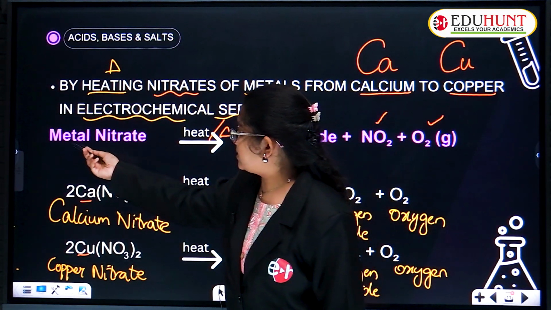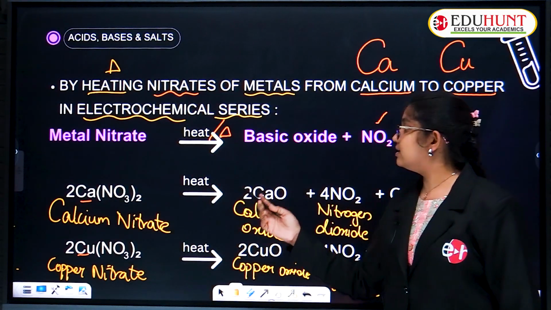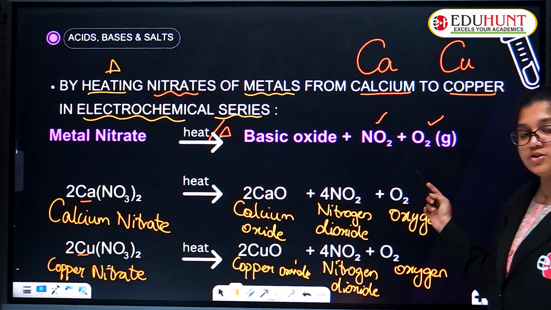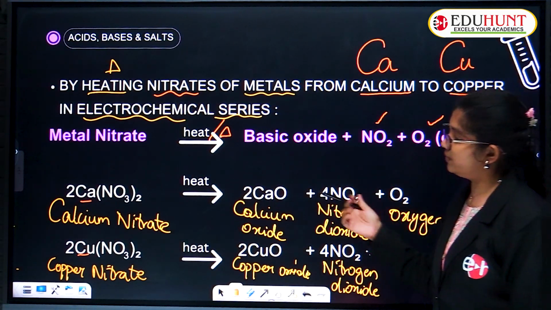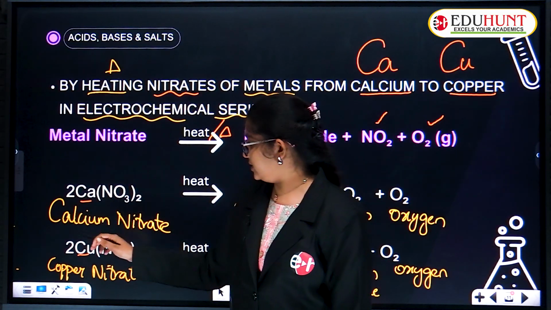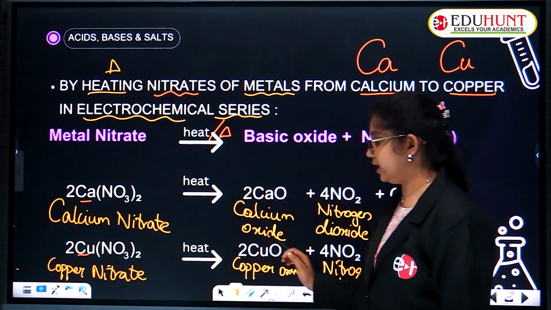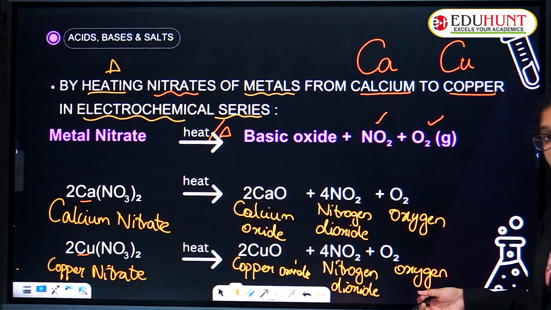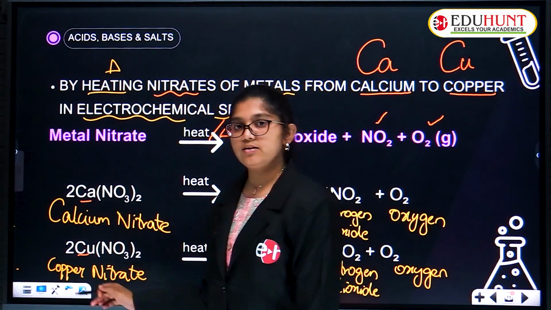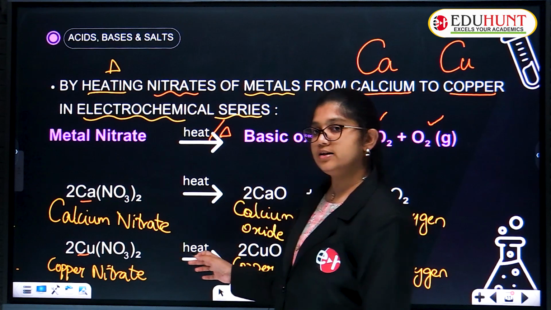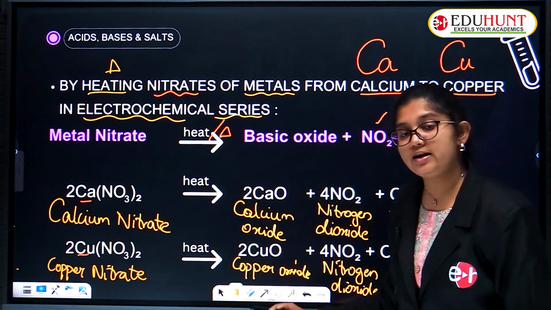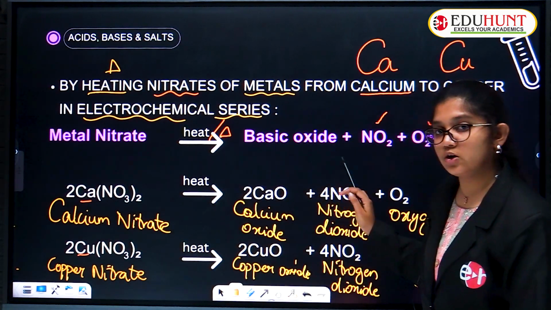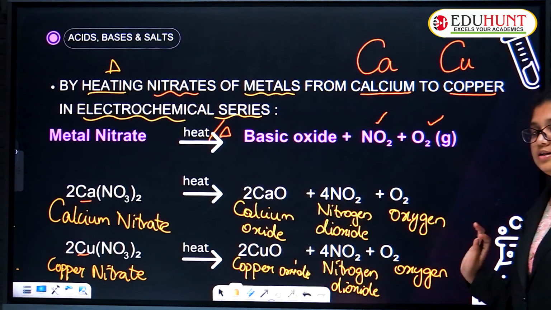For the general equation: metal nitrate, in the presence of heat, gives a basic oxide, nitrogen dioxide and oxygen. We have taken 2 examples. Calcium nitrate upon heating gives calcium oxide, nitrogen dioxide and oxygen gas. The second example, copper nitrate, upon heating gives copper oxide, nitrogen dioxide and also oxygen gas.